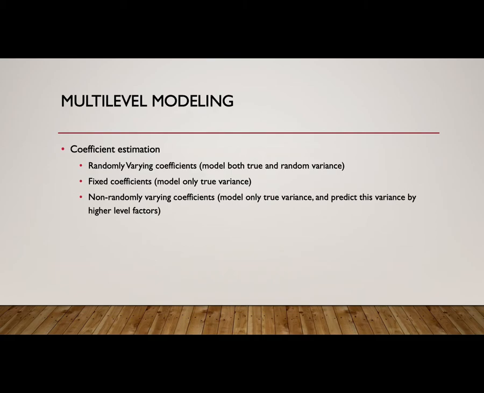So when it comes to coefficient estimation, we have randomly varying coefficients. What I mean by true variance and random variance is, within a person, you are going to have true variance, right? At the lowest level, and that is the amount that an individual varies. Random variance is the difference between all of the slopes that partials out the individual level variance component.